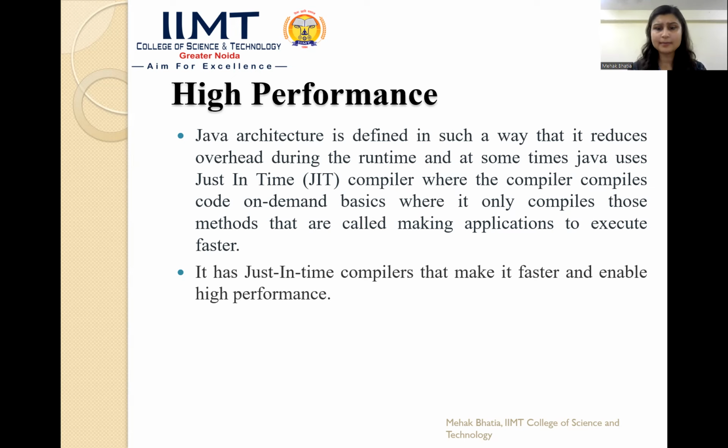It has just-in-time compilers that make it faster and enable high performance. So the JIT compiler in Java increases the performance of the Java programming language. It makes the execution of the code faster, which helps Java achieve the high performance feature.